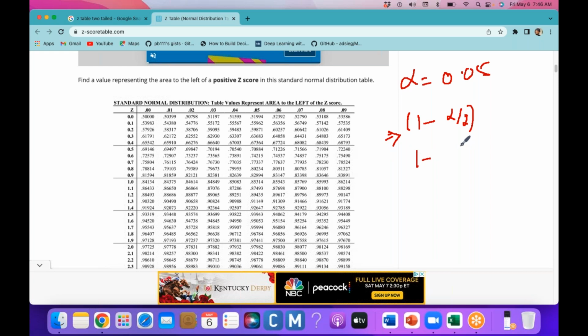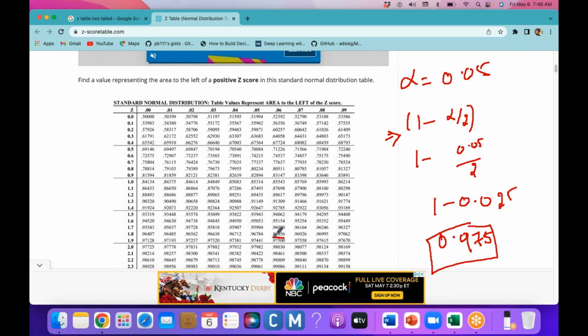So 1 minus 0.05 by 2, which means 1 minus 0.025, which means 0.975. This is the value we can find in this particular table.